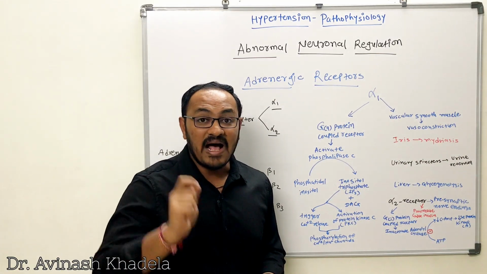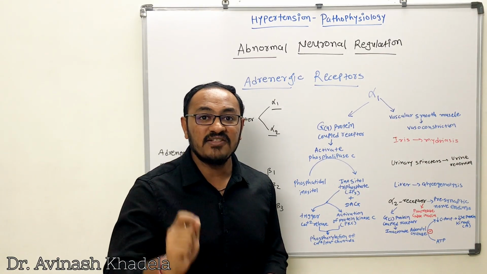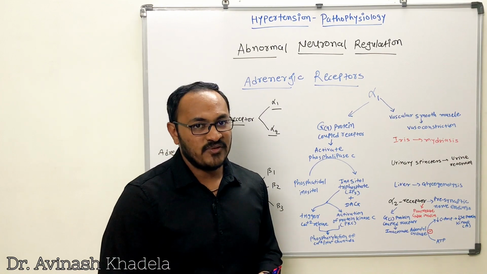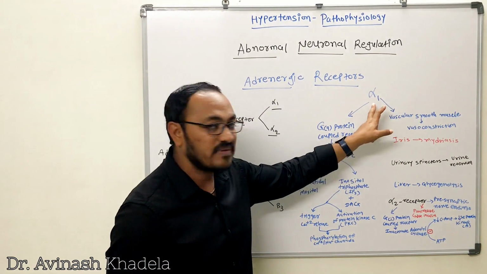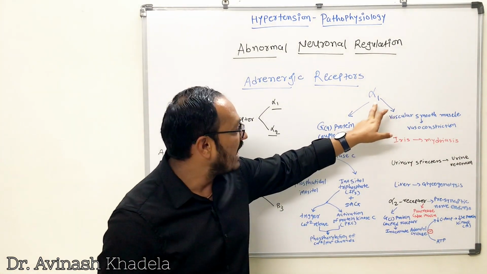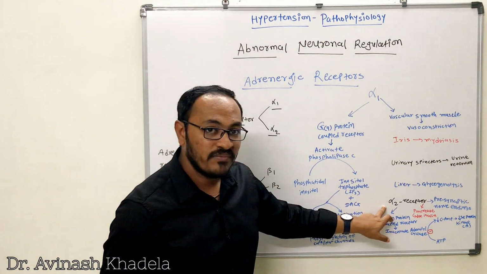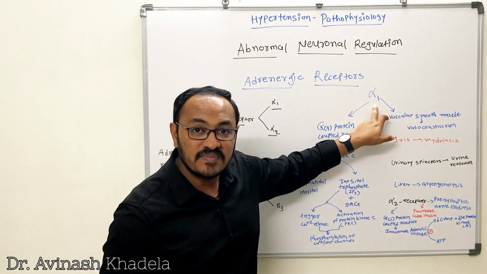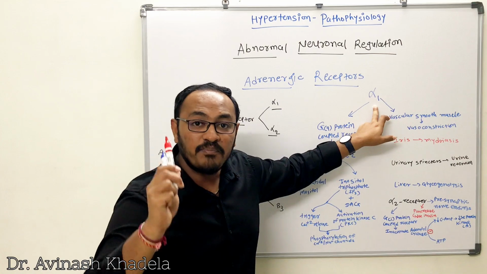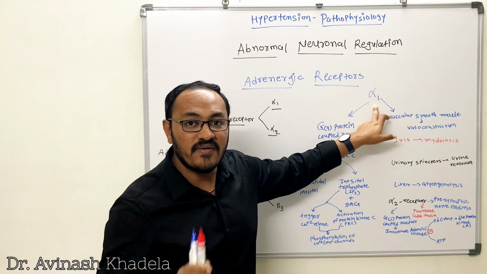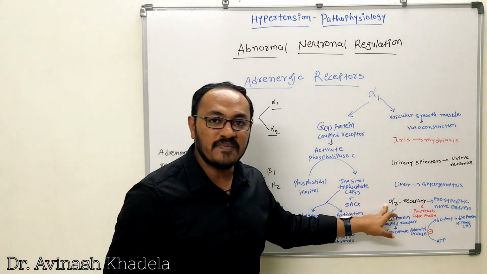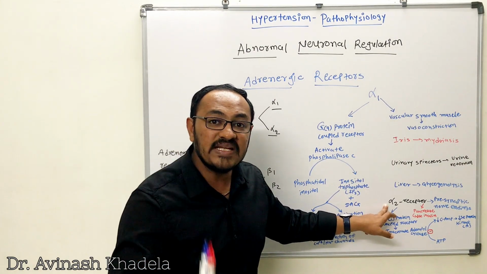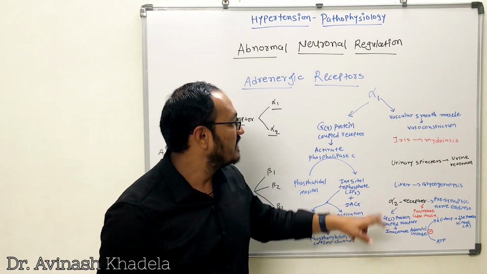First is how the alpha-adrenergic receptor works. Alpha 1 adrenergic receptors are located in postsynaptic nerve endings, and alpha 2 receptors are located in presynaptic nerve endings.